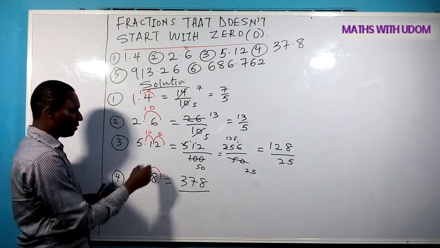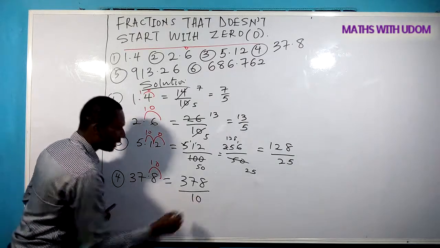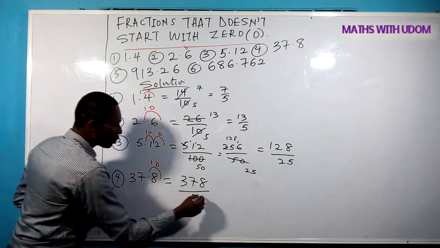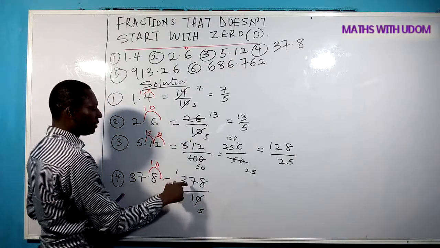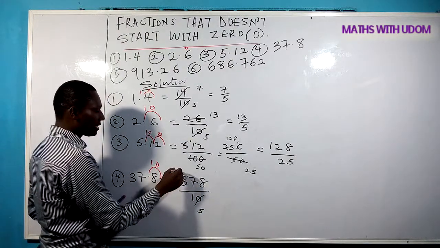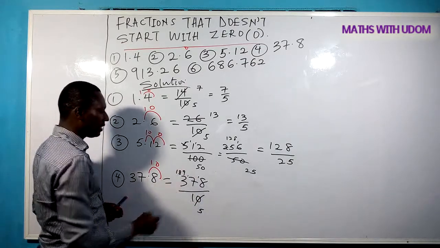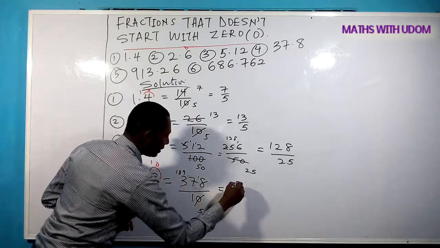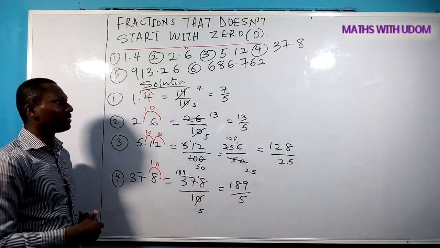We only have one zero, so we divide by 10. So 2 can go through. 2 in 10, 5. How many 2 can go in 3? 1, remainder 1. In 17, 8. And in 18, 9. Okay, so here we have 189 divided by 5. There's no common factor again.